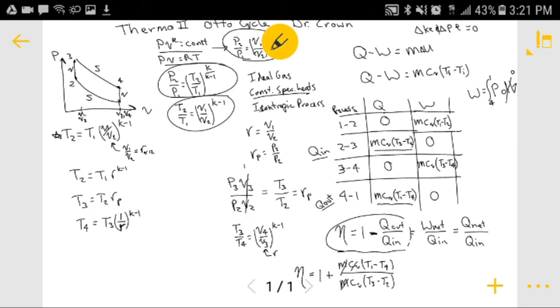The m's cancel, the C_V's cancel, and now I just have to put in all the equations for the temperatures. So I'm going to have 1 plus, and in the numerator T1 minus T4. Now T4 can be written as I have it, but T3 can be T2 r_p times 1 over r to the k minus 1.